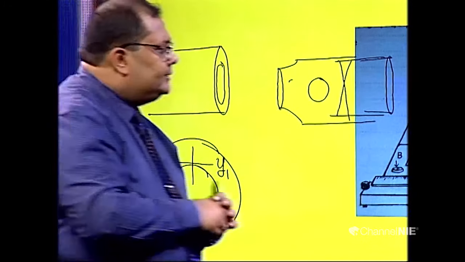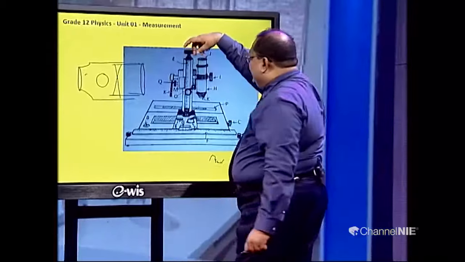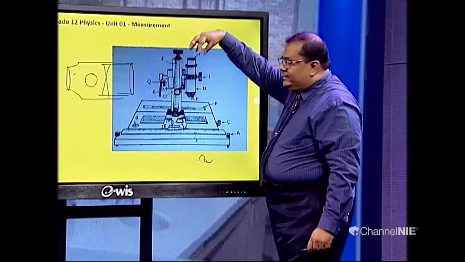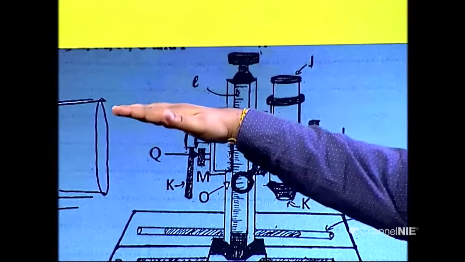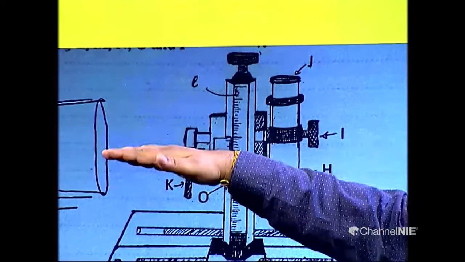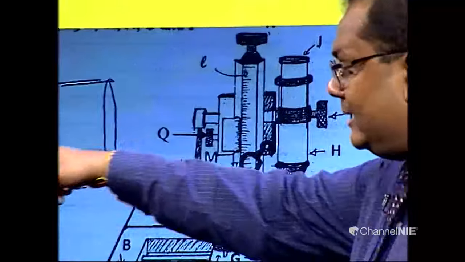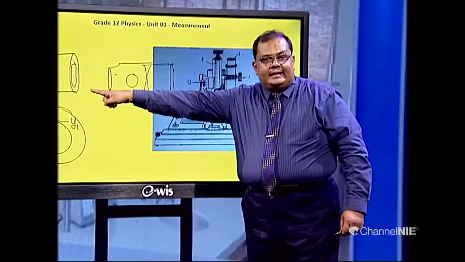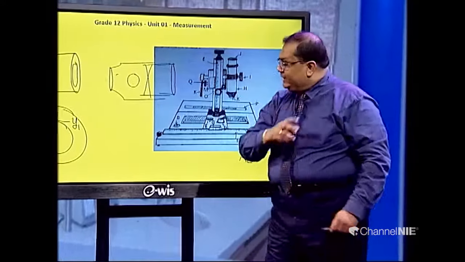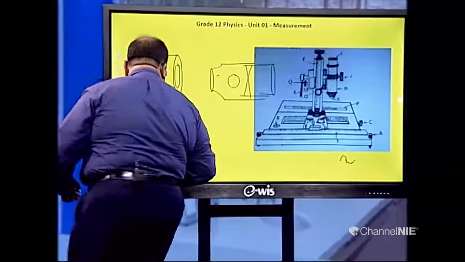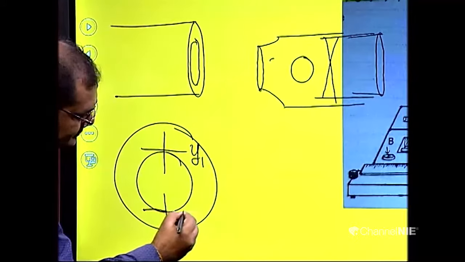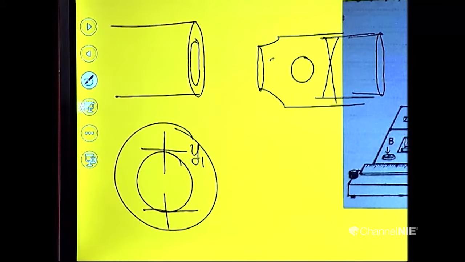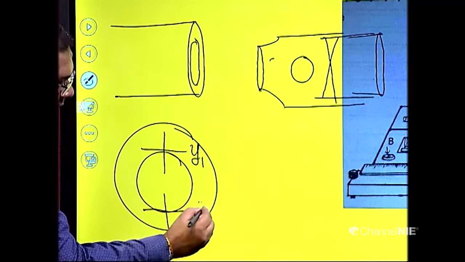How do you move that? You have to rotate this one again in the clockwise direction to move the travelling microscope down slowly until it comes to the lowest edge of the circle. Then you can see the cross wires are coming to here. And take the corresponding reading Y2.